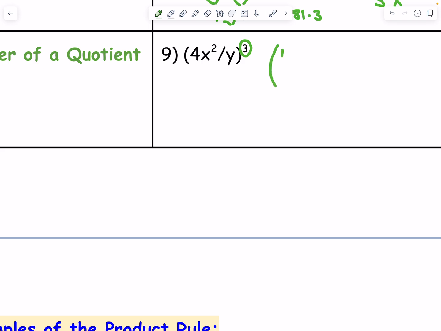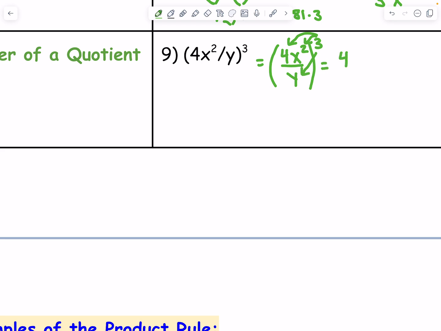So we want to think of 4x squared divided by y, but everything is getting cubed. So be careful you don't do what I just did. It did not just go with the denominator. It went with the whole fraction. So then you want to cube every part of this. So I want to cube the 4, I want to cube x squared, and I want to cube the y.